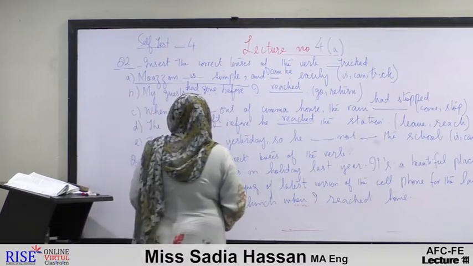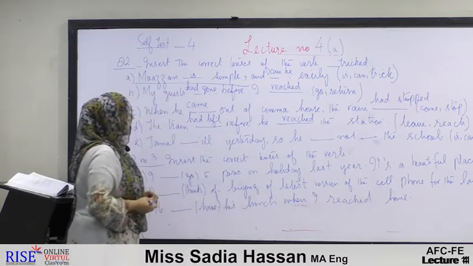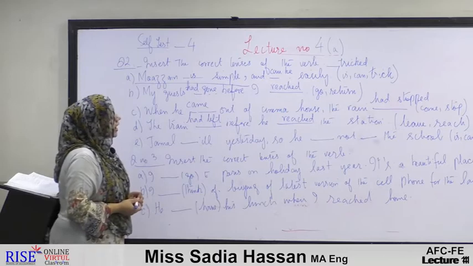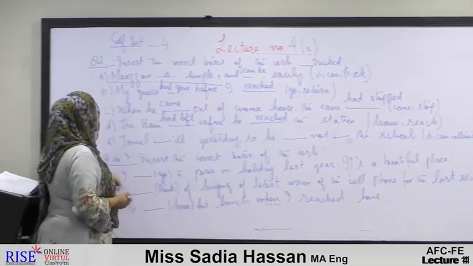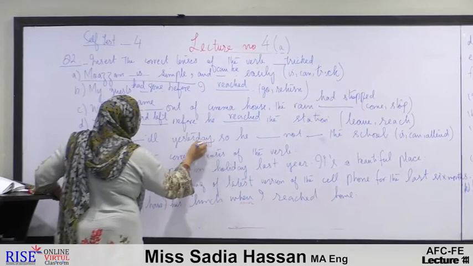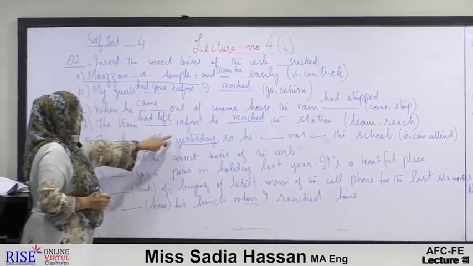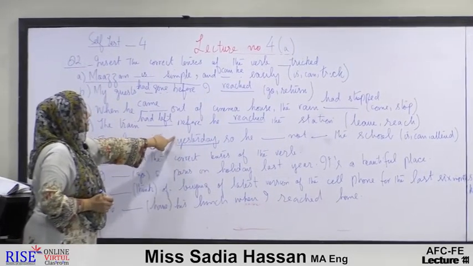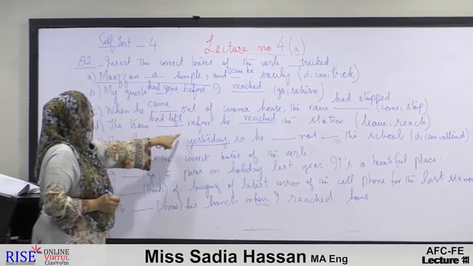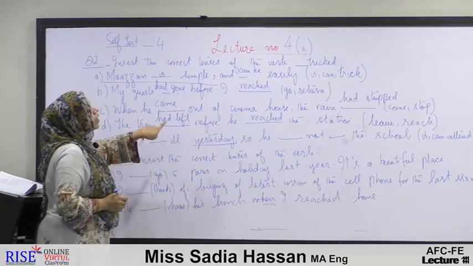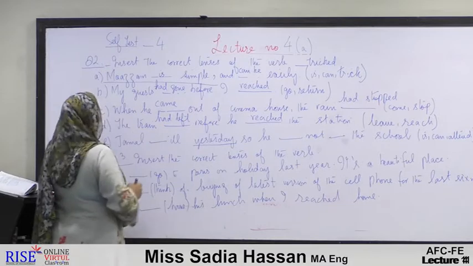as past tense. Jamal dash ill yesterday, so he dash not the school. Yesterday is there. Whenever this adverb of time, a past adverb of time, is there in the sentence, we always use the past form of the verb.